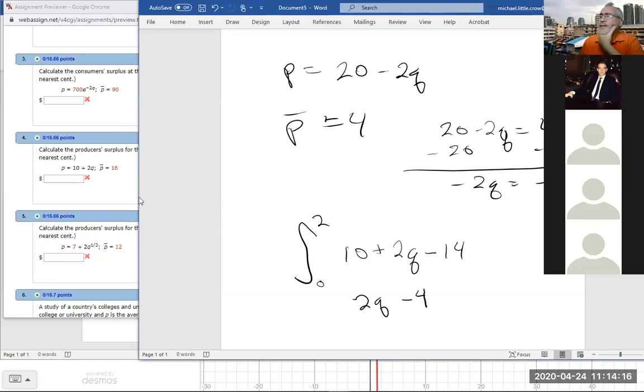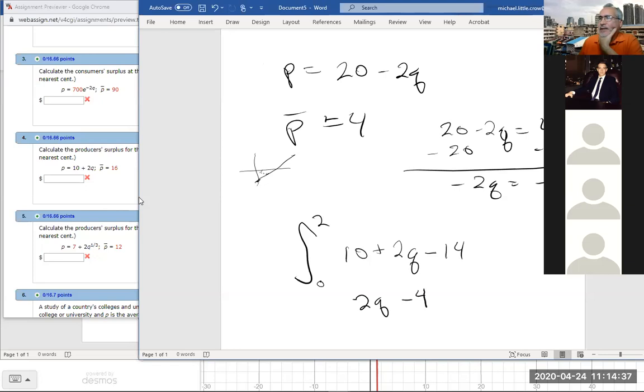If you were to graph this, it's got a y-intercept of minus 4. So it's going to go like that, and going from 0 to 2, you're going to get a negative value.